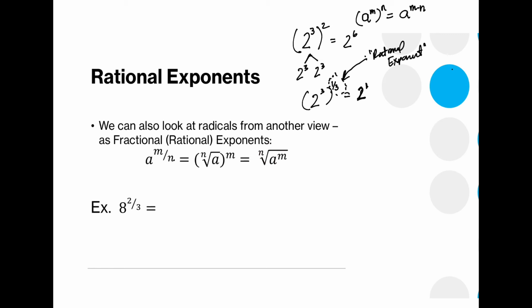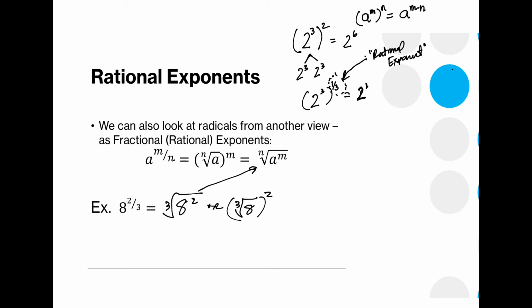So the 8 raised to the 2/3 power is 8 squared and then cube rooted, or cube root of 8 squared. Notice how those are the same operations as what we see up above.